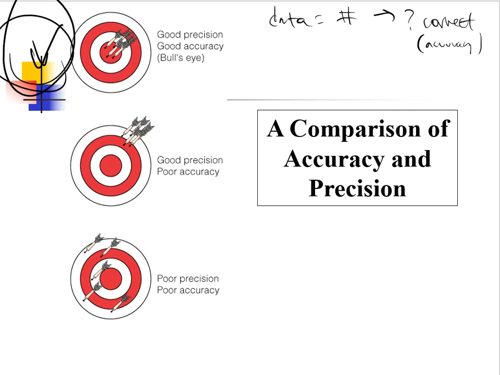If it's accurate, I'm hitting the bullseye. That's what that analogy is going to tell me. As I'm generating some lab data, doing some calculations, I'll get this final answer. Am I getting the proper final answer? Is it where I need it to be? That is the definition of accuracy, and that's hitting the bullseye when we throw the darts.